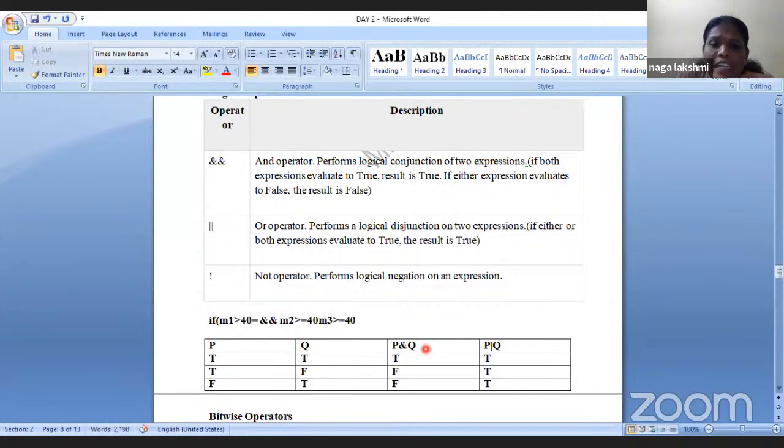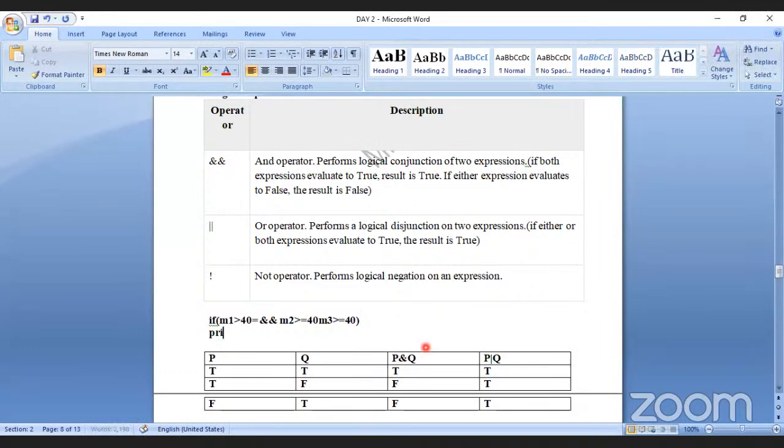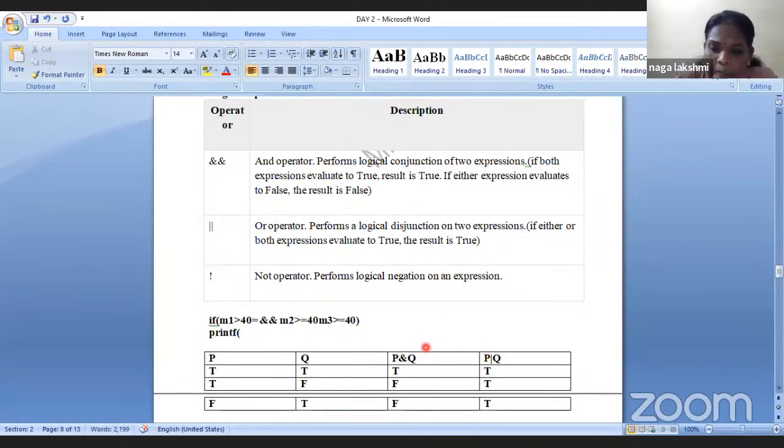Till now, after that I am going to take then what result could I make here? Printf he is pass. Pass, ma'am. Okay, so this is the condition.